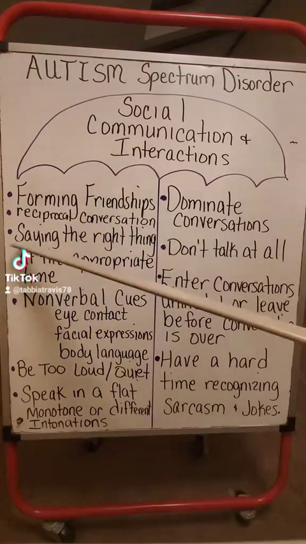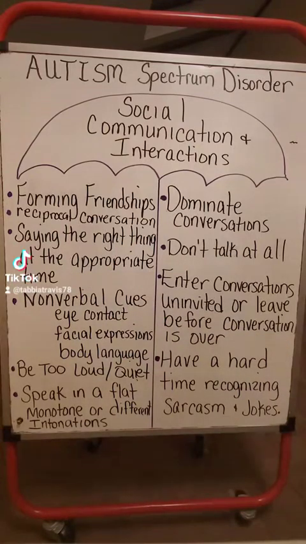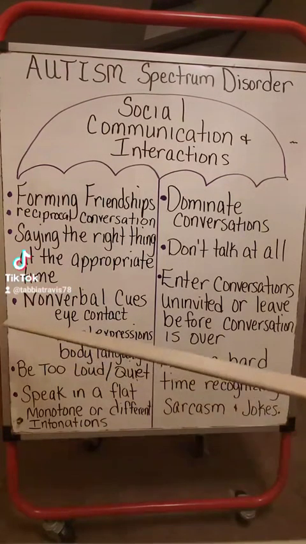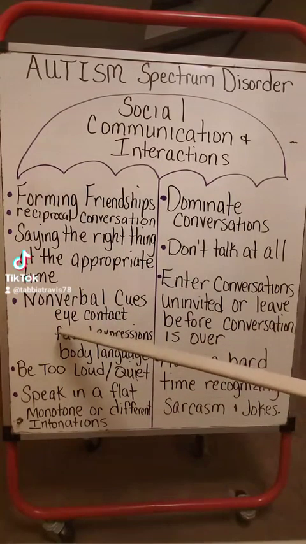They also struggle with saying the right thing at the appropriate time. So an example of that is they may come off as being blunt or insensitive during conversations without being aware of any negative outcomes. They have problems with nonverbal cues, eye contact.